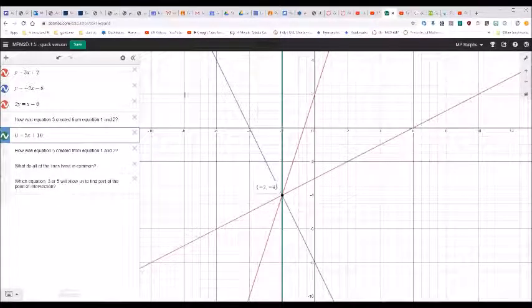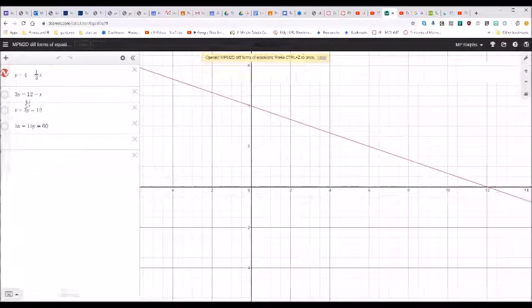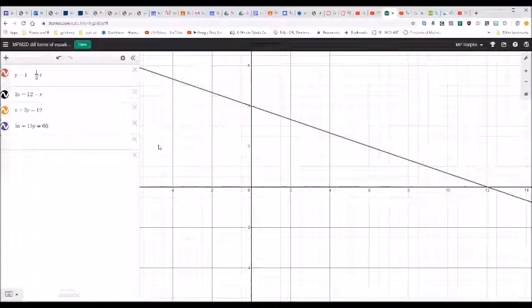So that is the major takeaway for this video, that we can add and subtract equations to get the same point of intersection. And the other thing is we can look at different forms of the equations to get the same line.